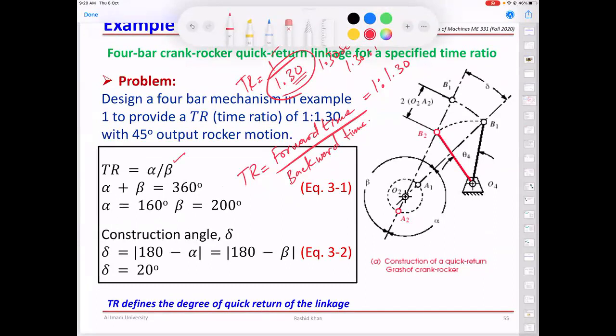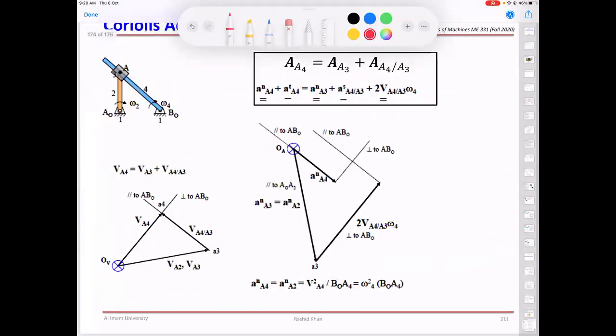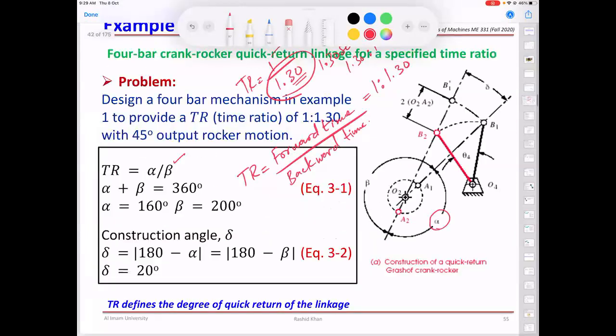Where alpha, you can see in the diagram on the right hand side, is the angle from the line B1 and O2, and there is another line which is B1 prime and O2, right?